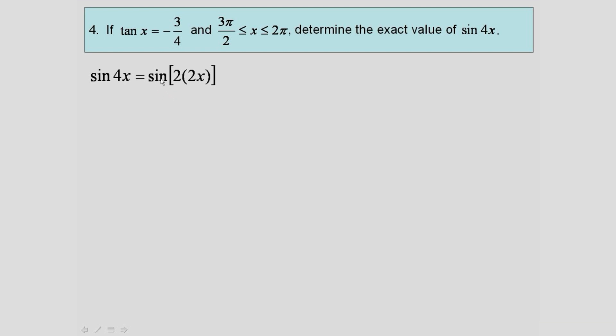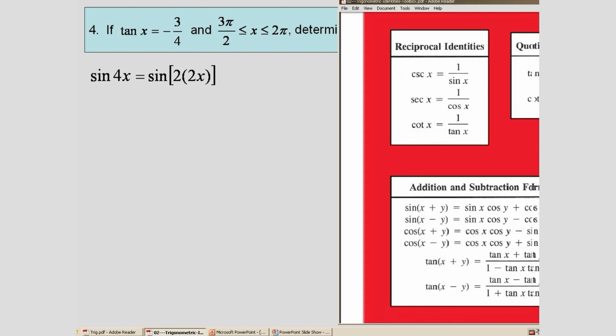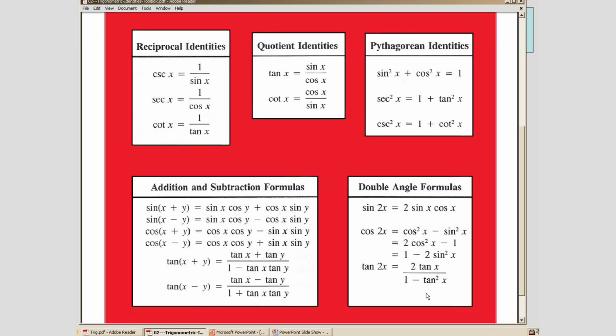Okay, so now we have our expression written as 2 times something. So we're ready to use a double angle formula. Now, if we look at the double angle formula for sine, we see that the sine of 2 times something is equal to 2 sine x cos x.